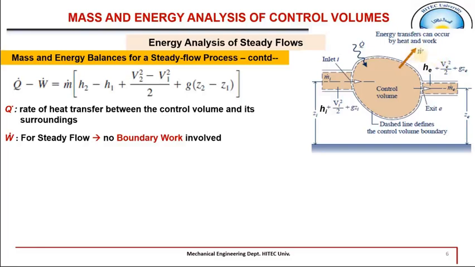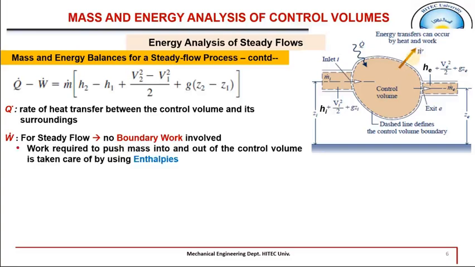So then what kind of work is this one? There is not only one form of work, boundary work. There are other forms of work which may be crossing the system boundary. There is a work required to push the mass into the system.